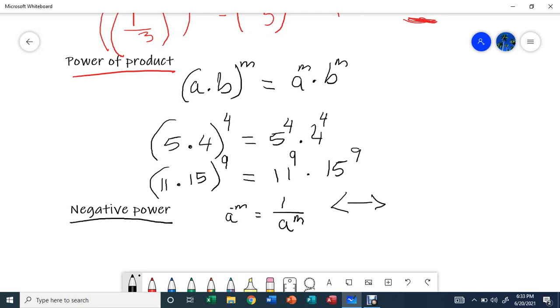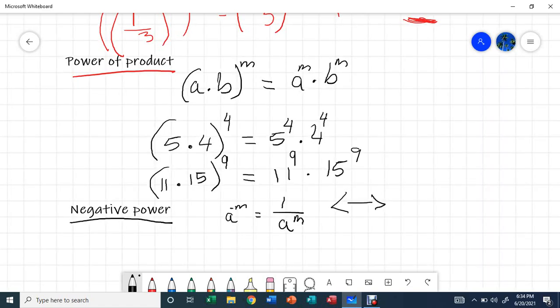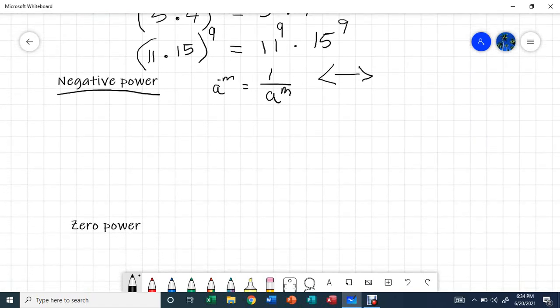A to -M is equivalent to 1/A to the M, or 1/A to the M is equal to A to -M. So depending on the question, you can use the negative power to go back and forth between A to -M and 1/A to the M. And I'm going to give you a couple examples here as well.